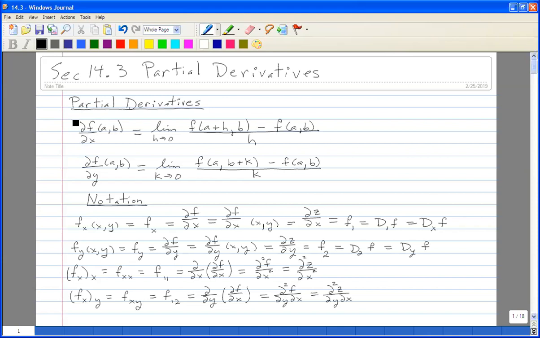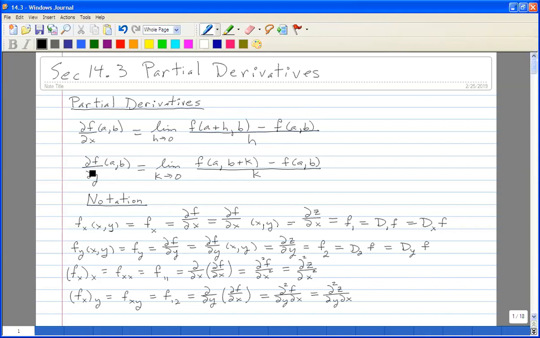So the partial, curly df, curly dx at (a,b), the first partial of f with respect to x at (a,b), is defined as the limit as h approaches 0 of f at (a plus h, b). So notice that only the x coordinate here is varying, minus f of (a,b), all divided by h.